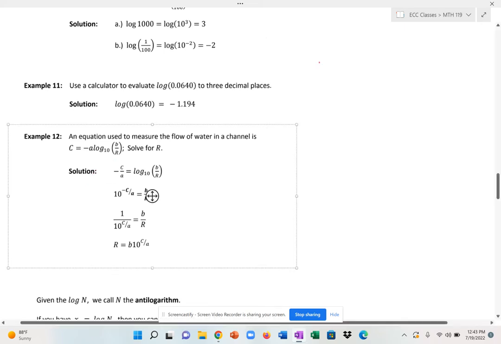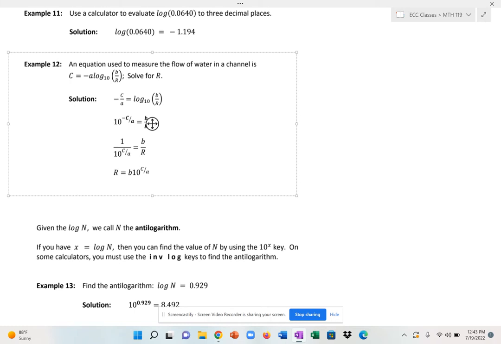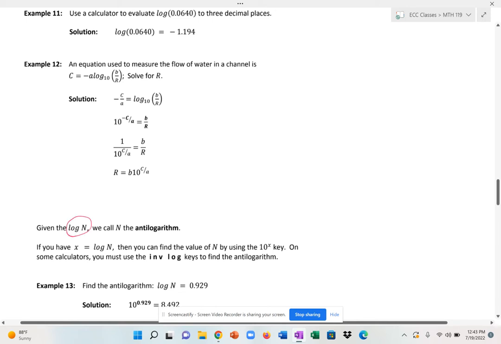Okay, we have a new term here called the anti-logarithm. If you are given the log of n, this means common log, base 10, then we call n the anti-logarithm. The expression that you're taking the log of is called the anti-logarithm.